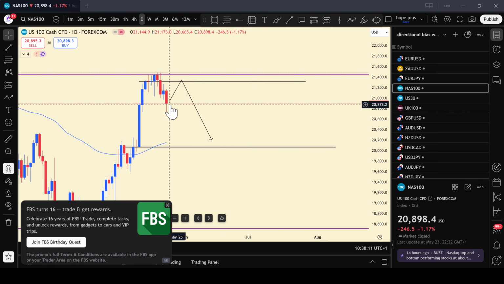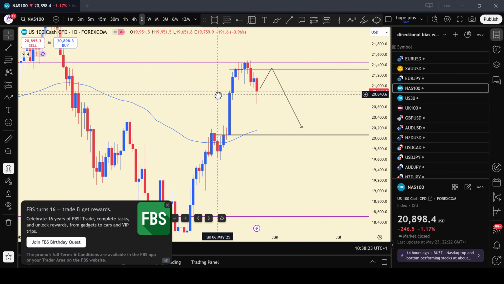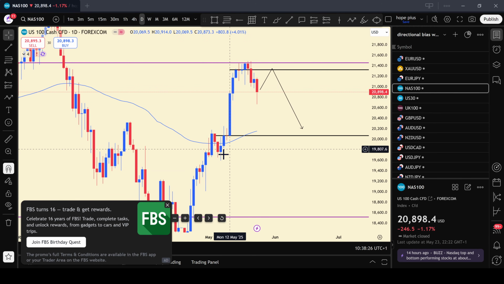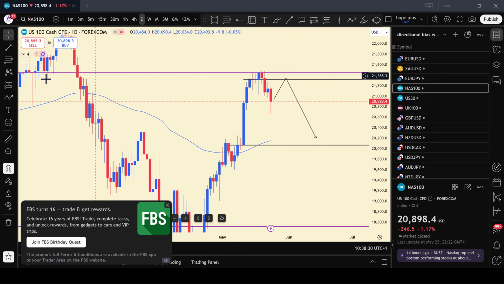If not, if Monday starts trading and price pushes up, I will not be doing anything around here. But once it gets in here, I will sell. That is the approach I want to use this coming week. All right. And as you can see, we have been bullish till we got to a level of obstacle there.